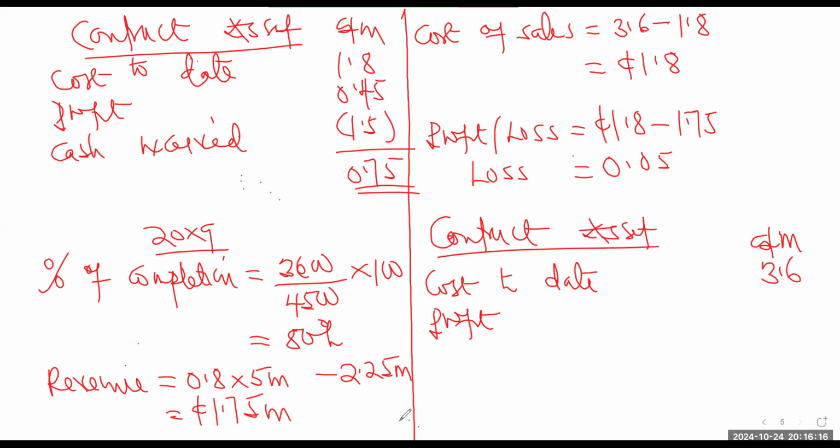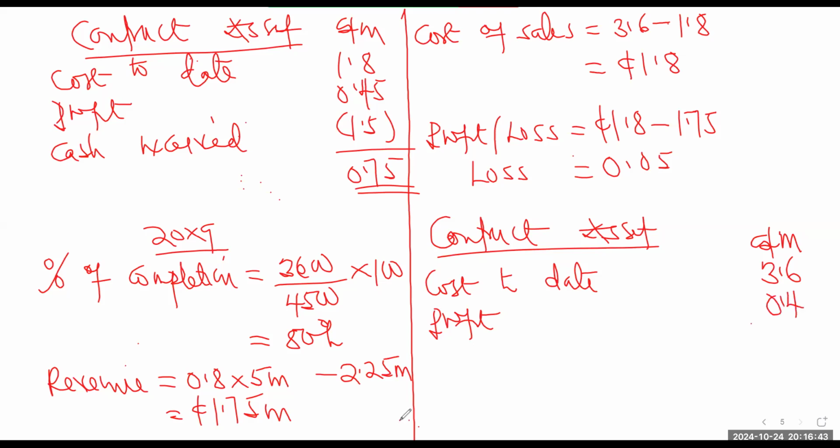Then the loss will not cancel that one, so it becomes 0.4. Or you can also do it as 0.8 multiplied by the new profit, which will be 500. You can see that the total profit from the contract will now be 500, because we are going to be incurring a cost of 4,500 against 5,000. So 0.8 multiplied by 500 will now give you 400. So the profit will now be 0.4.